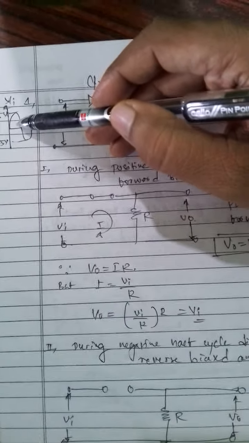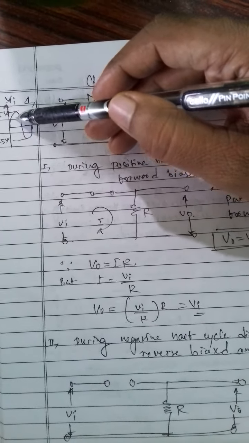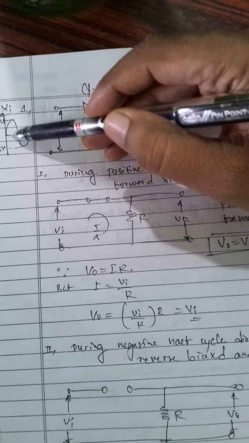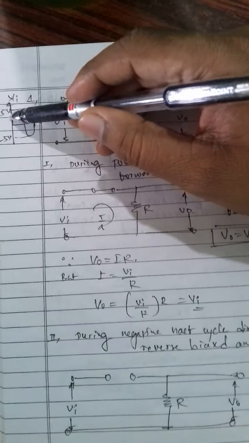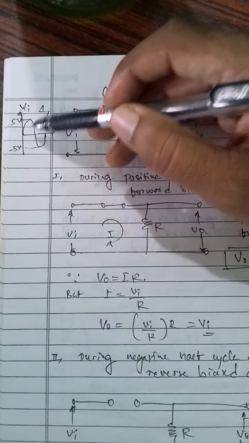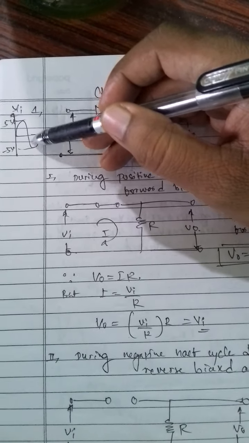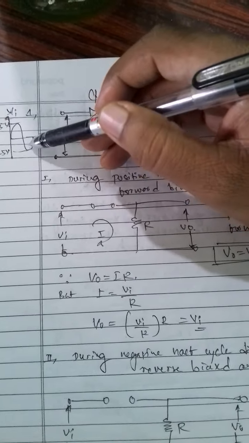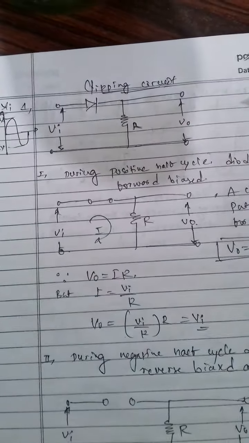That is 0 to plus 5 volts, this is the positive half cycle of the input signal. And this one, from 0 to minus 5, is the negative half cycle of the input signal.